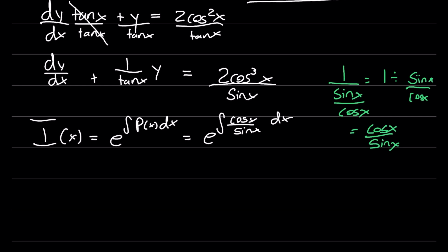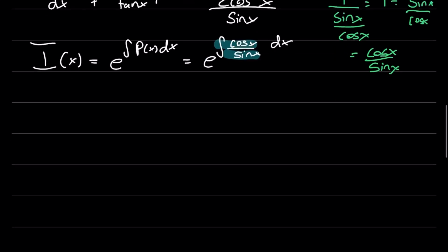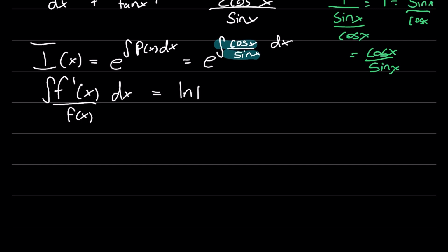Now, something you should realize instantly is this format. This is the format of the integral of f prime of x over f of x dx, which is equal to ln of f of x plus c.